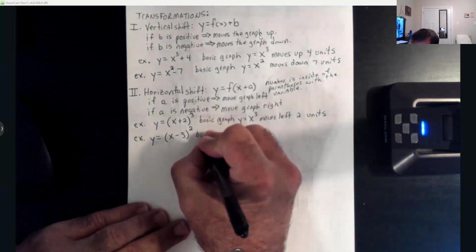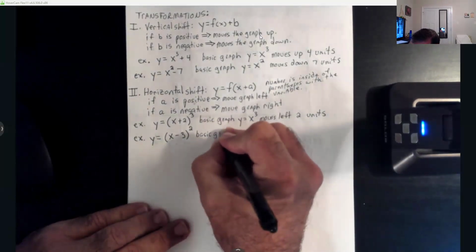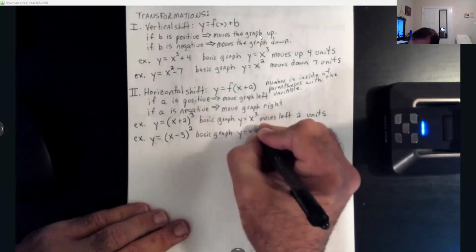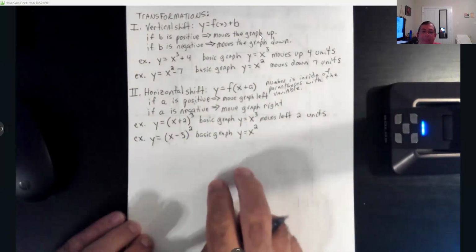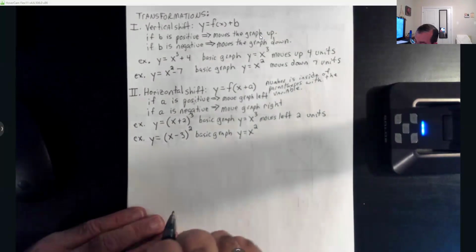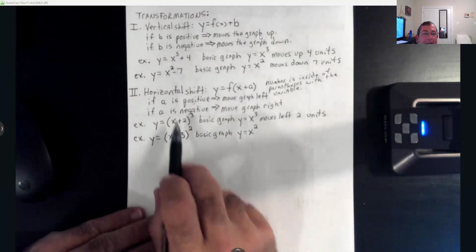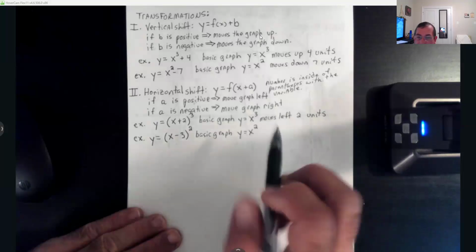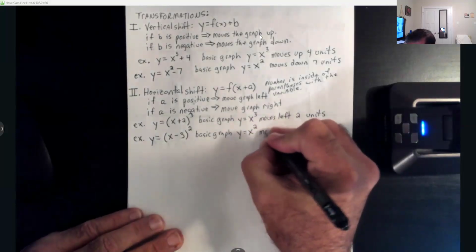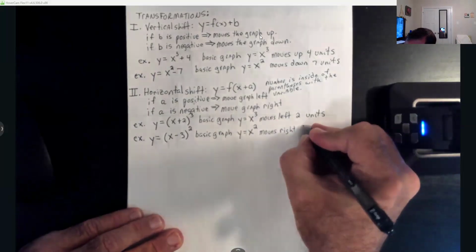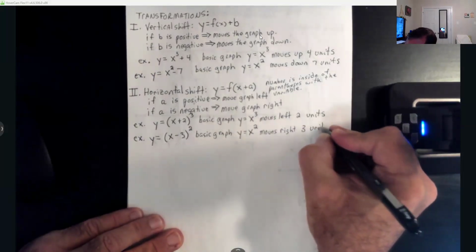So my basic graph is y equals x squared. So it's got to match one of those graphs we drew the first pictures of, okay? Now this time the 3 is negative, and we said if it's negative, it'll move my graph to the right. So this moves right 3 units.